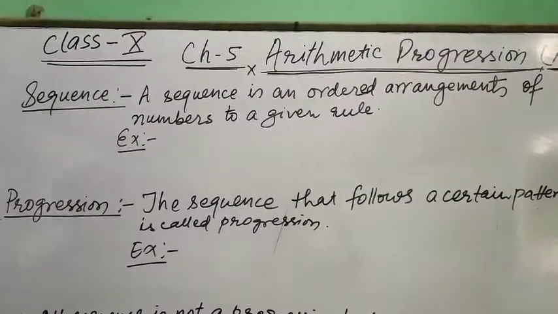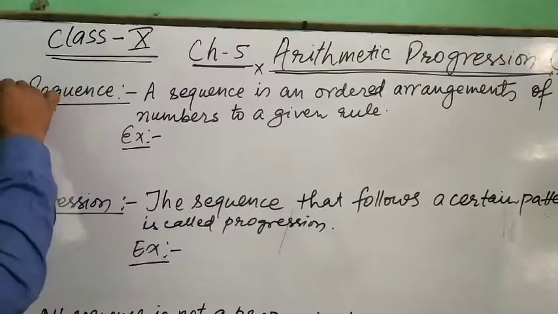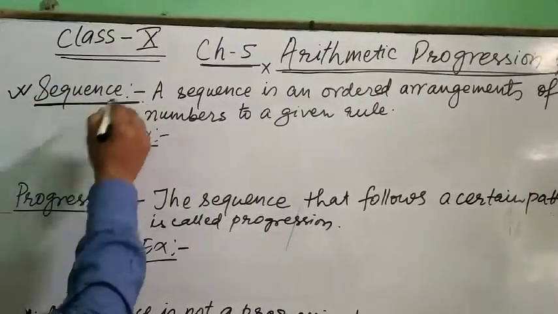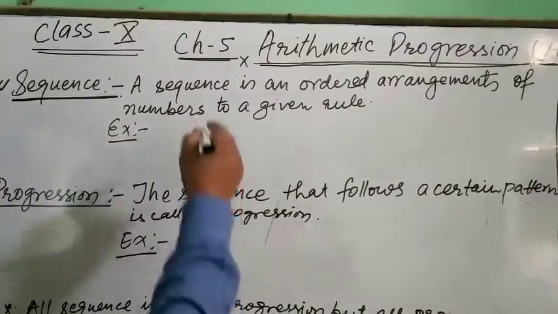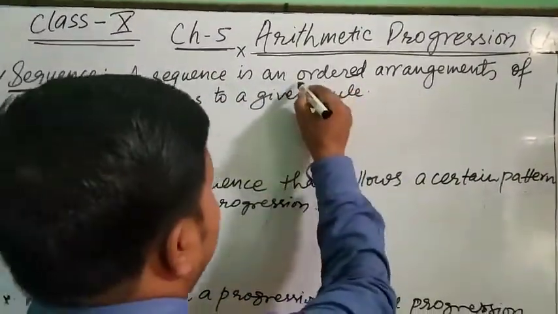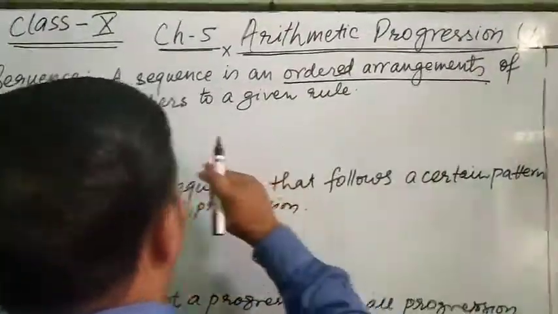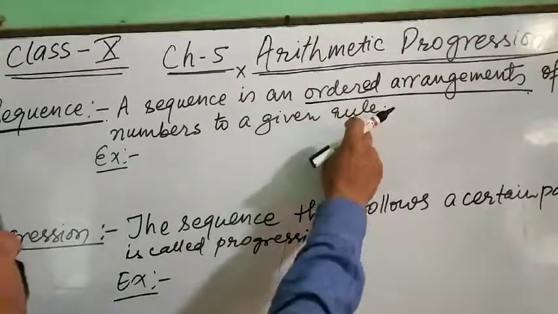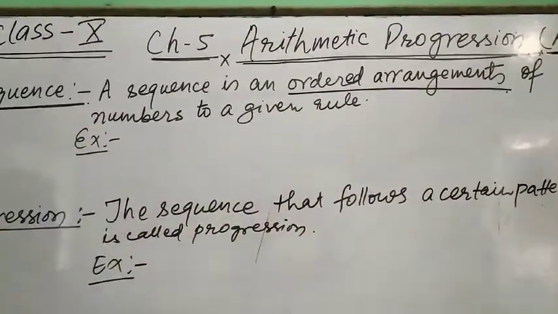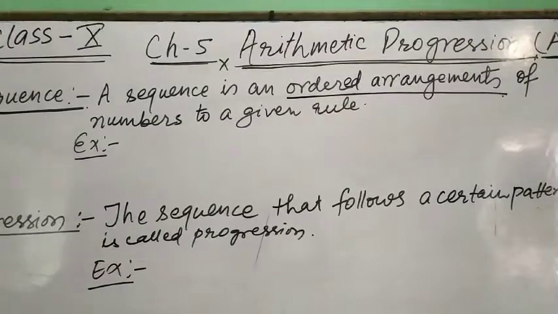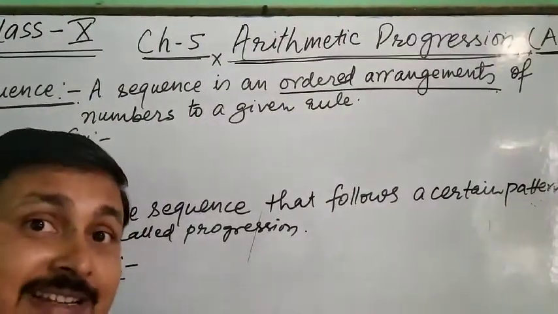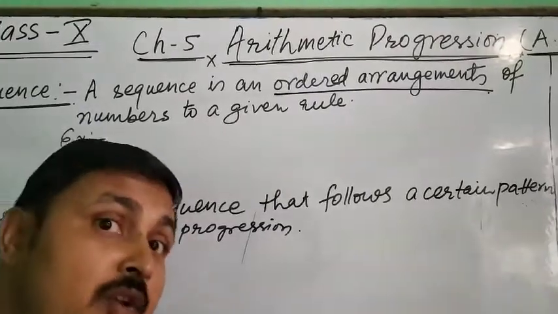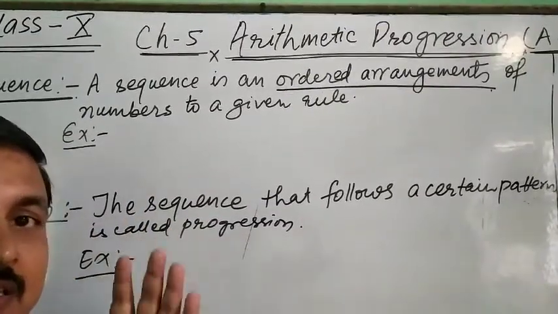So in the AP, the first term is sequence. What do you mean by sequence? A sequence is an ordered arrangement of numbers according to a rule. That means any numbers should be arranged by a rule, not a pattern. Only a rule is called a sequence.